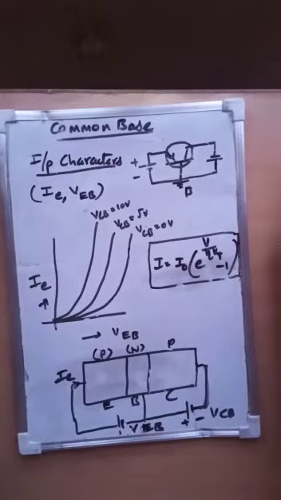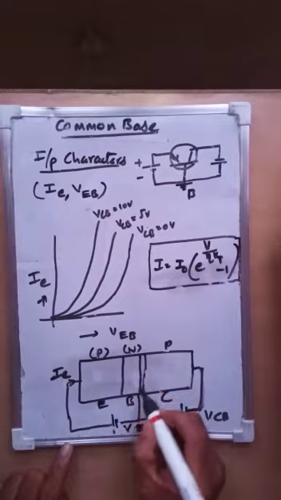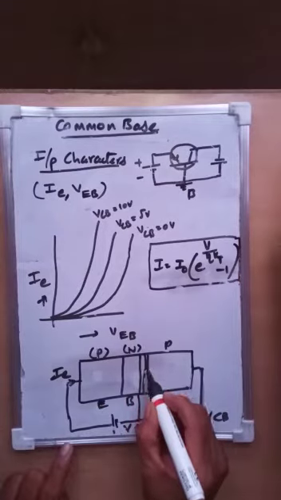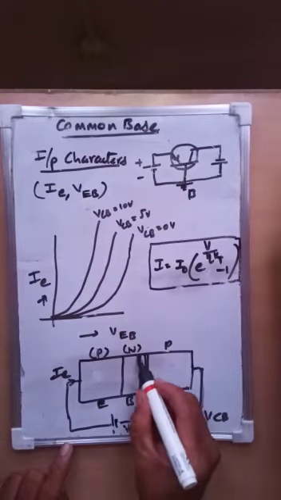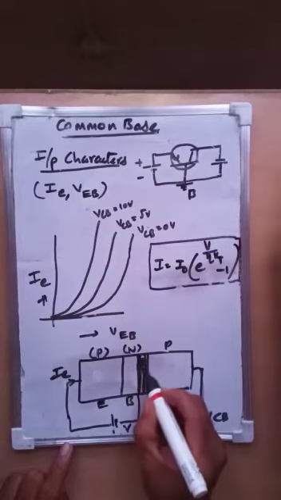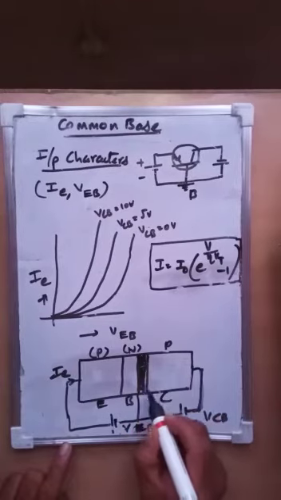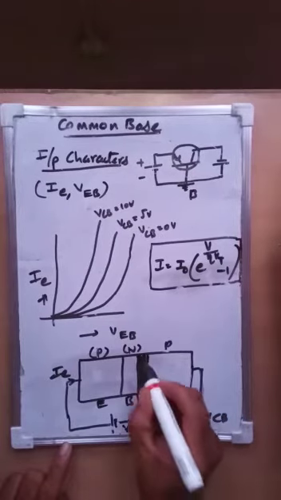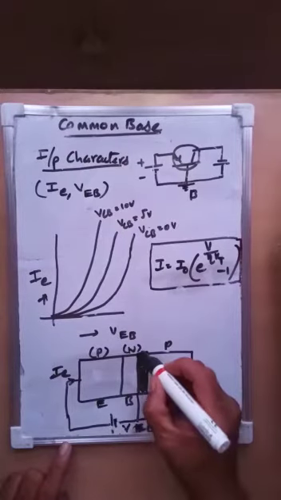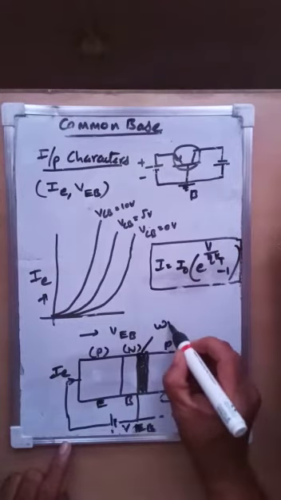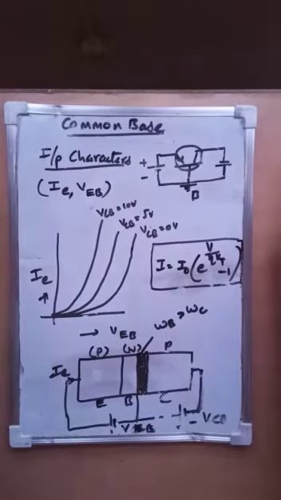So definitely the depletion width is penetrating less into this region and more into this region. This is the depletion width, and this is the depletion width in the P region. That means this part is more and this part is less.